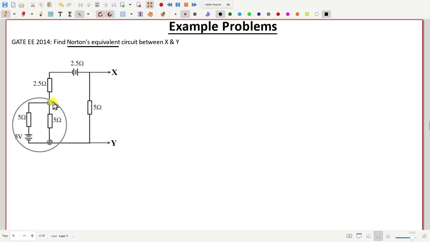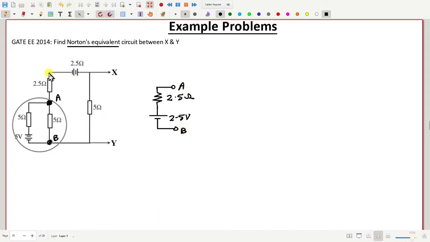If you apply the potential divider rule, between this node and this node, if you call them A and B, how much is the voltage between A and B? It is 2.5 volt. And how much is the resistance between A and B? When you remove the 5 volt source, 5 ohm and 5 ohm in parallel is equivalent to 2.5 ohm. So this is 2.5 ohm in series with 2.5 volt. This is between A and B.